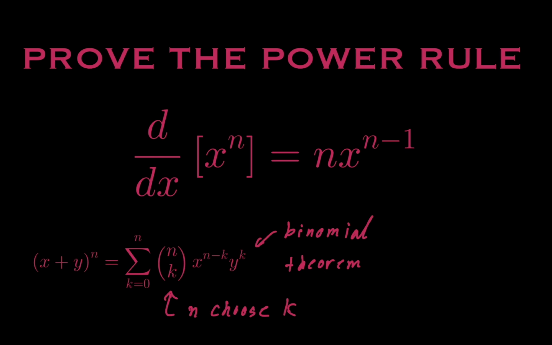Okay? And then we multiply that by x to the n minus k times y to the k. And this is how we would expand this binomial x plus y to the nth power. All right, and then one more time, n choose k is the number of ways to pick k objects given n objects where order does not matter.